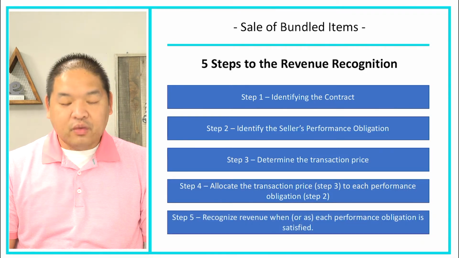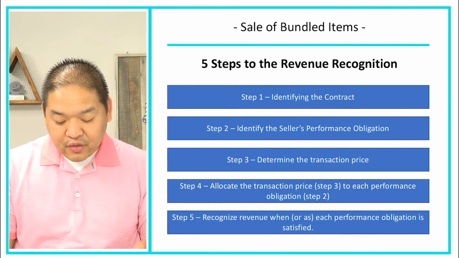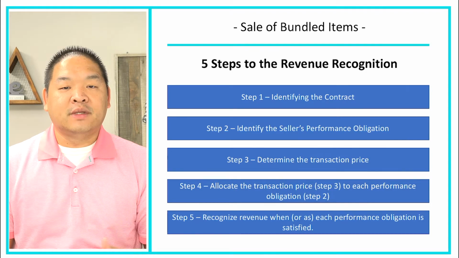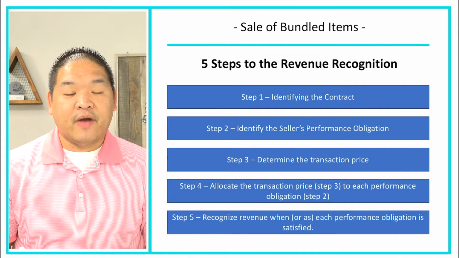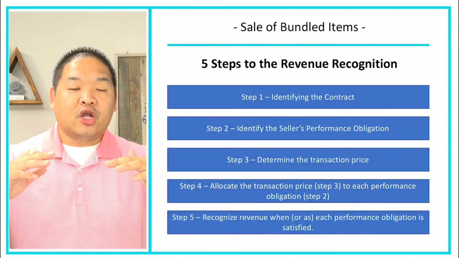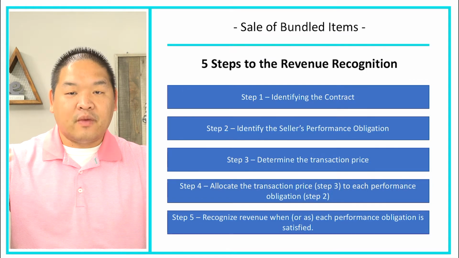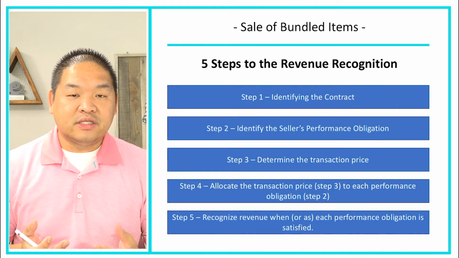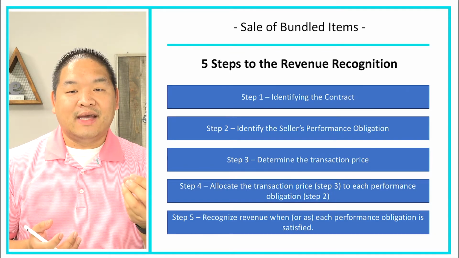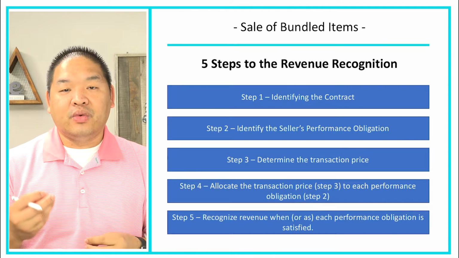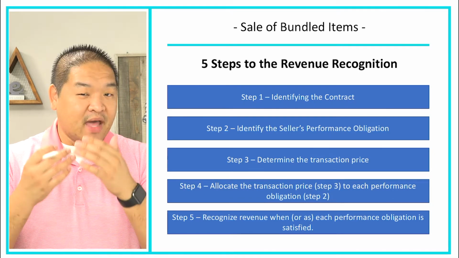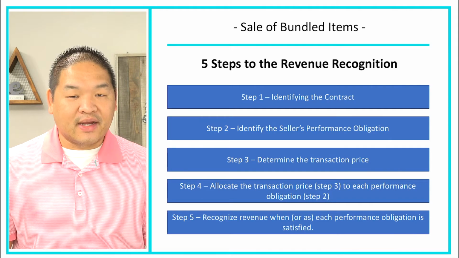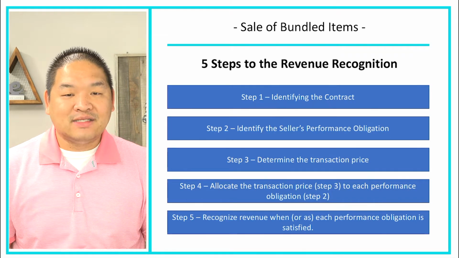In step 5, we recognize the revenue when or as each performance obligation is satisfied. Once we've allocated the price, it's our job to figure out when we recognize it as revenue, when we recognize it as deferred revenue because we haven't earned it yet, and in what situations we recognize that later on as revenue.